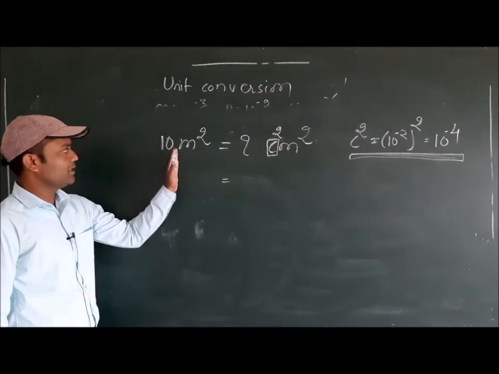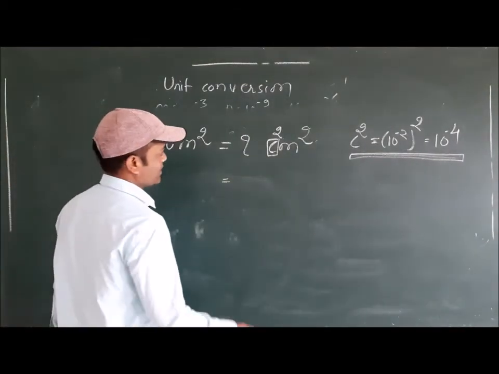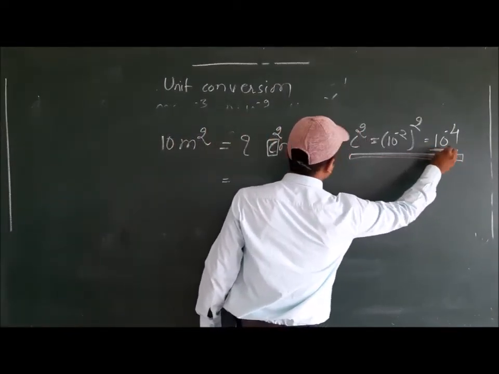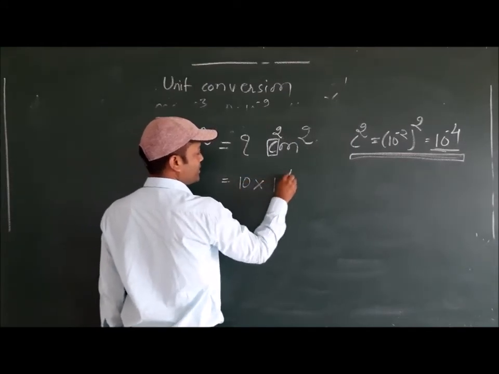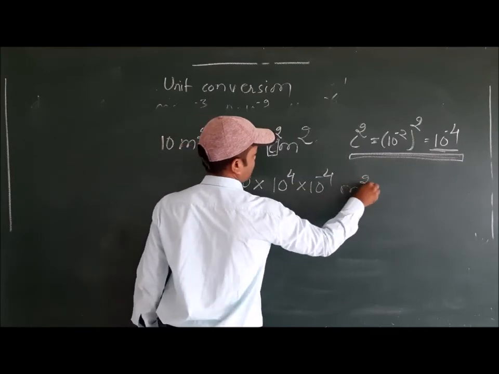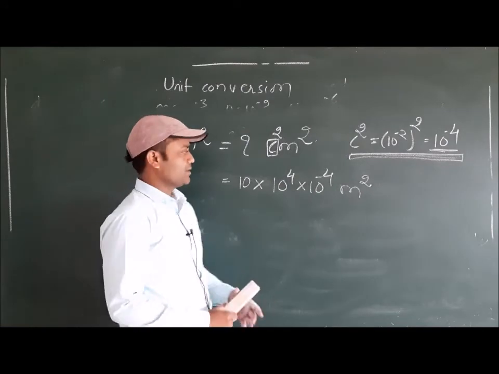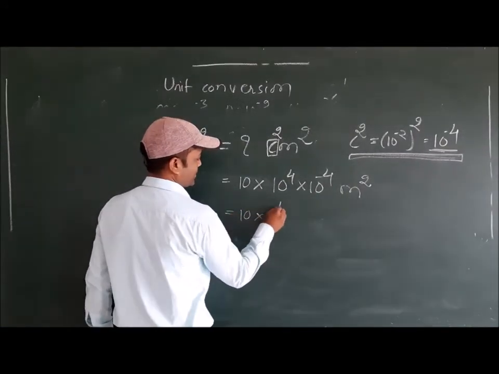In my original value there is no centi, and I have to add the centi square value there. So what I do, I take the opposite value of 10 to the power minus 4, then I write 10 as it is: 10 to the power 4 into 10 to the power minus 4 meter square. Then next step, 10 into 10 to the power 4.